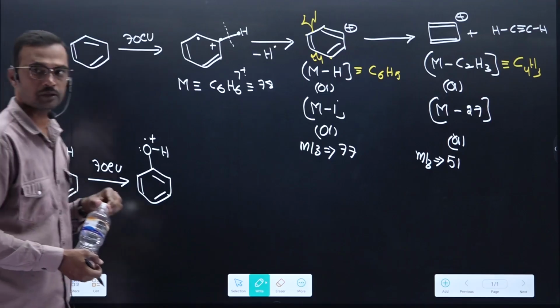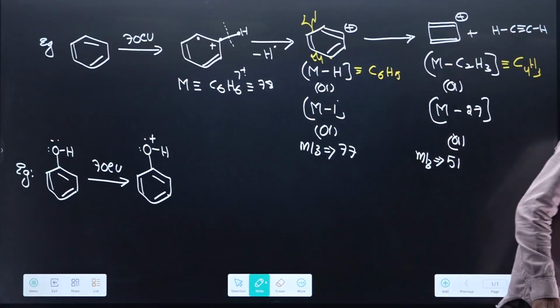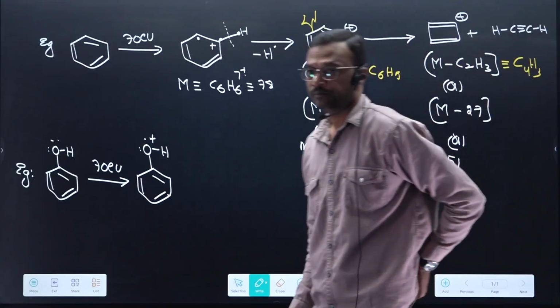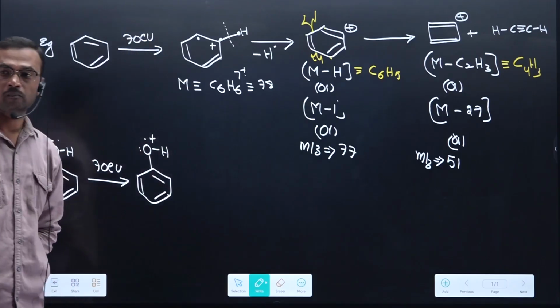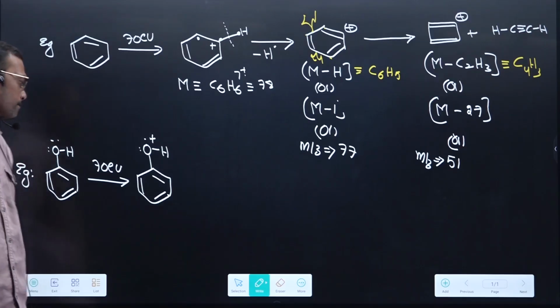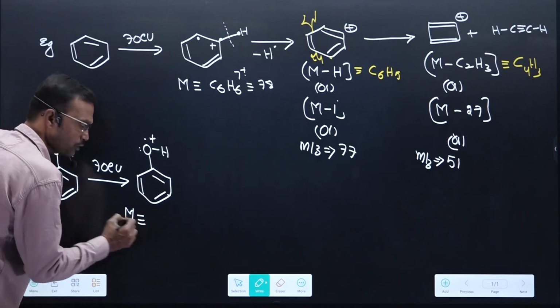Every oxygen 16. 90? Count clearly. 94 is right. Plus 78, plus 16. This is the original molecule in the form of molecular ion.